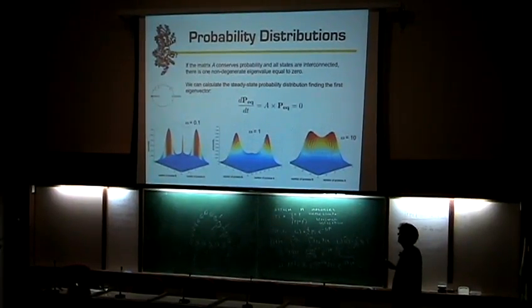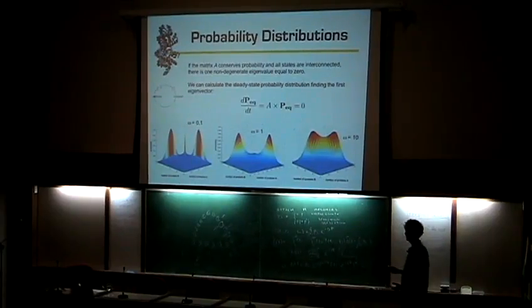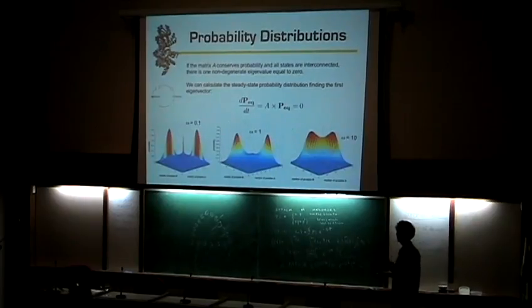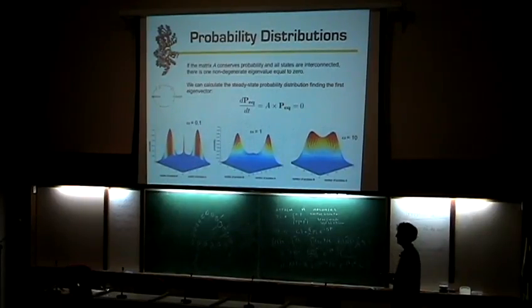And keep in mind that this matrix conserves probability. So if a matrix conserves probability and all the states in the system are connected, you're guaranteed to have one and only one zero eigenvalue. So the steady state probability distribution is the eigenvector corresponding to that eigenvalue.